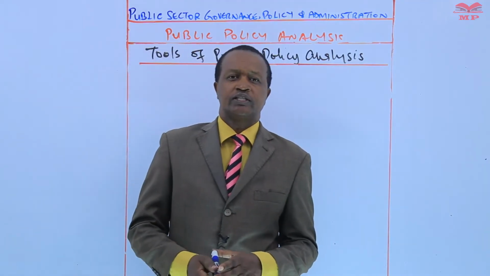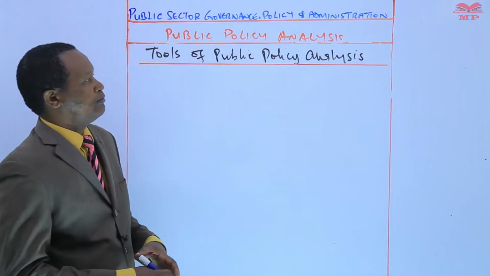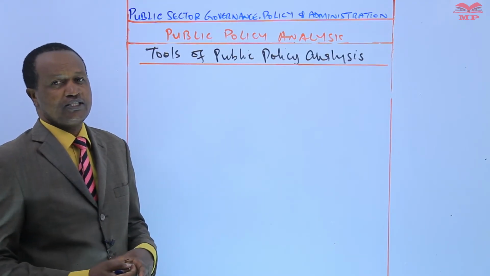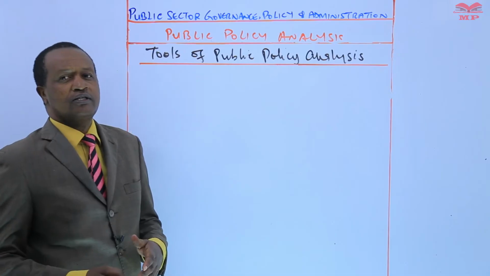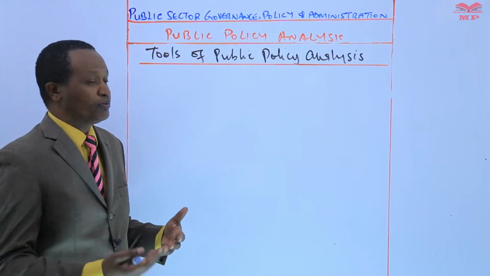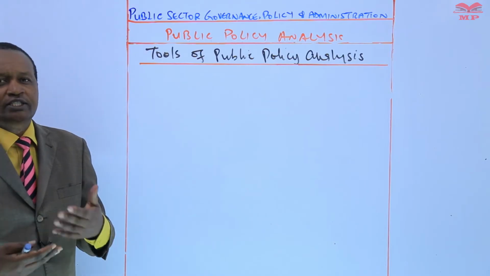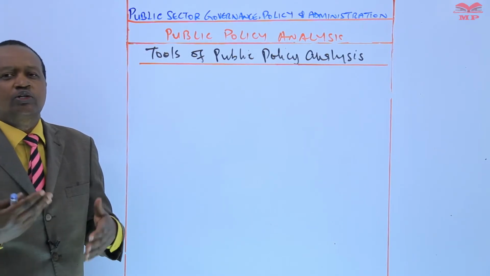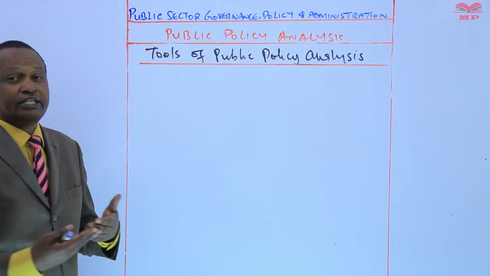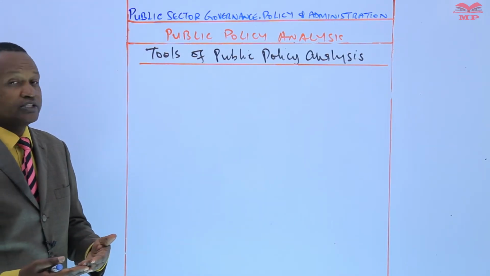Today we are going to study the tools of public policy analysis. Public policy analysis employs a diverse toolkit to understand complex problems, to evaluate policy options, and also to make informed recommendations. Do you understand?